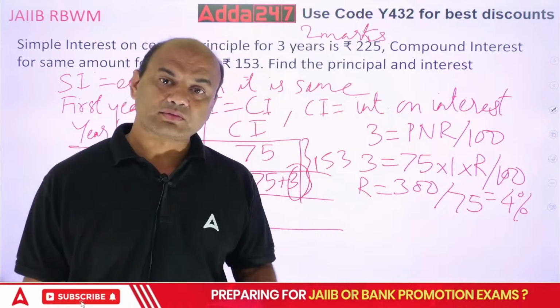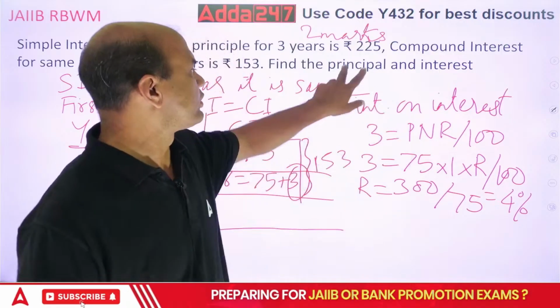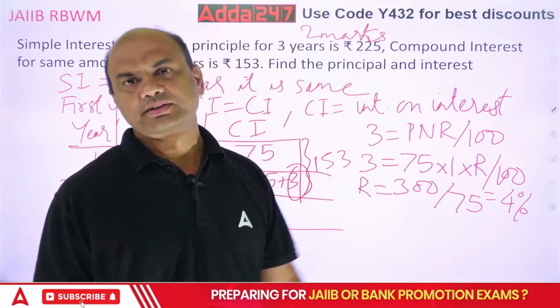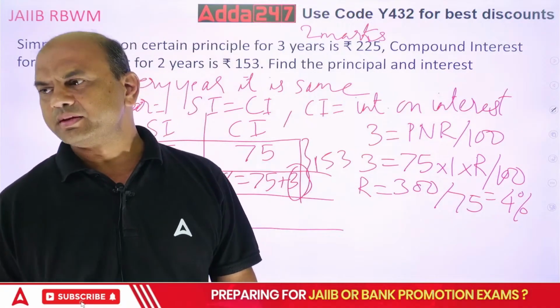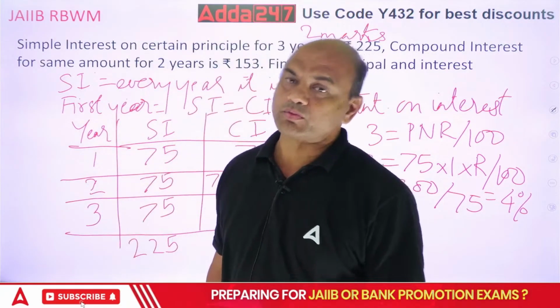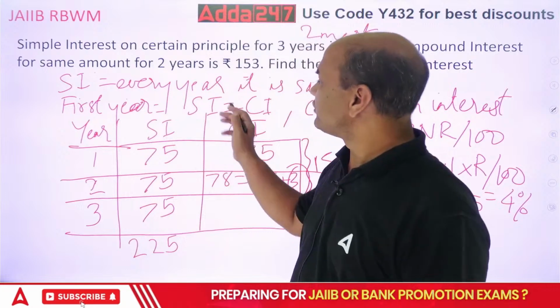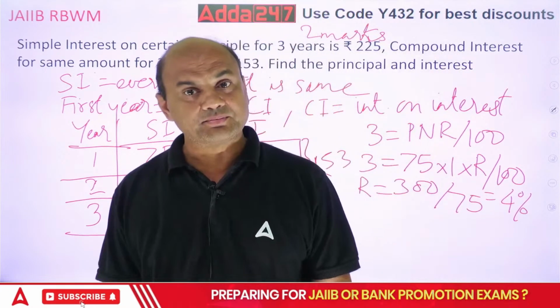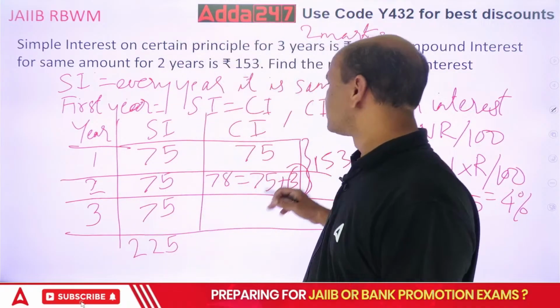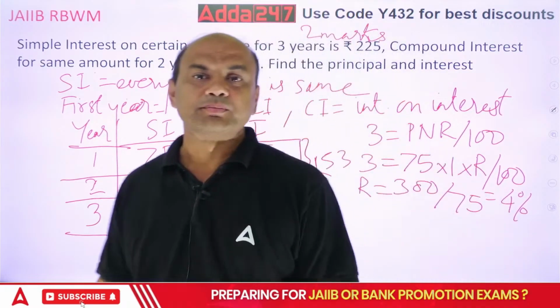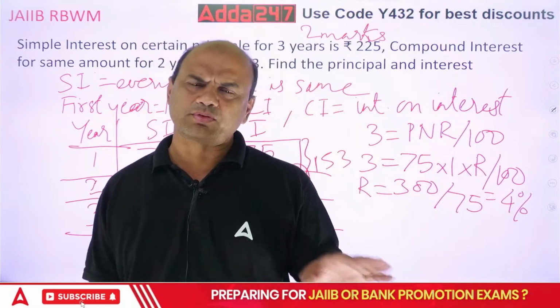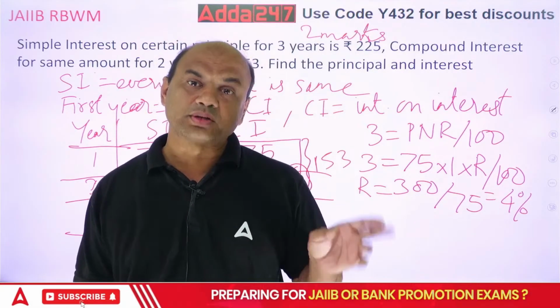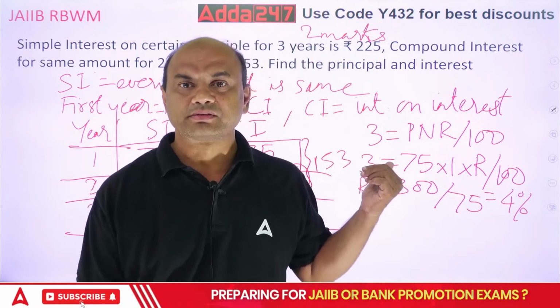What about P now? You want two answers, principal and interest rate. How to find out P? For finding P, use the same formula again, but this time use the interest as 75 rupees.